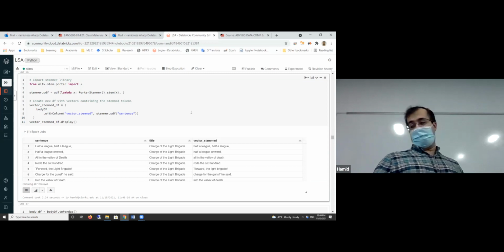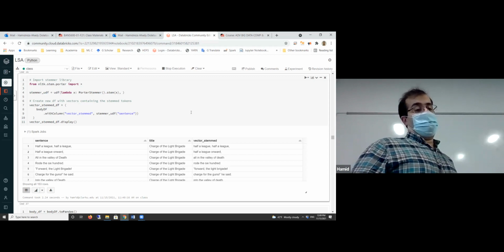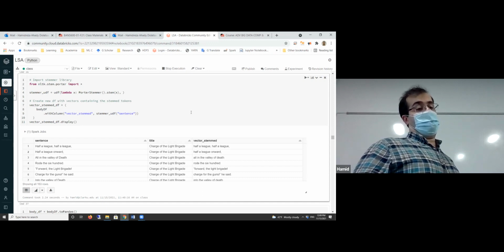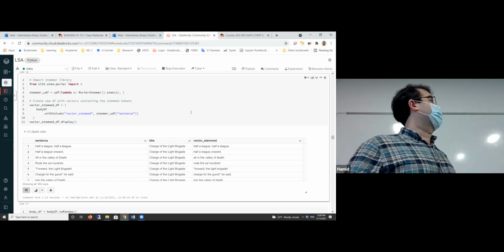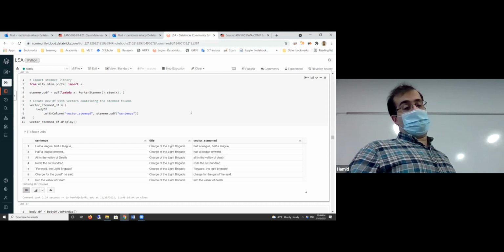Okay, let's focus back on the text that I just imported. You might remember with UDF, I can make my own user-defined function. Here I'm defining a lambda function, which basically brings back the stem of each word. Then I focus on my document, and I make a word vector stemmed column using the sentence column.